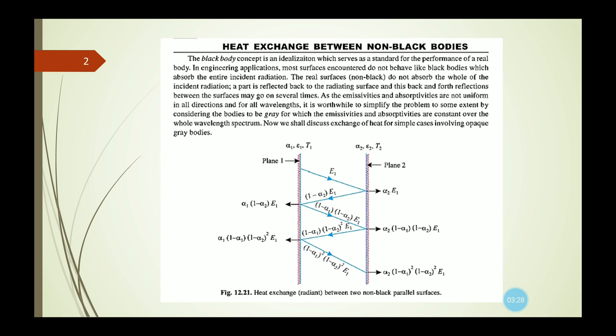For plane 1 we have considered the properties absorptivity, emissivity, and temperature, as alpha 1, epsilon 1, and T1. For plane 2 we have considered the same properties, alpha 2, epsilon 2, and T2.